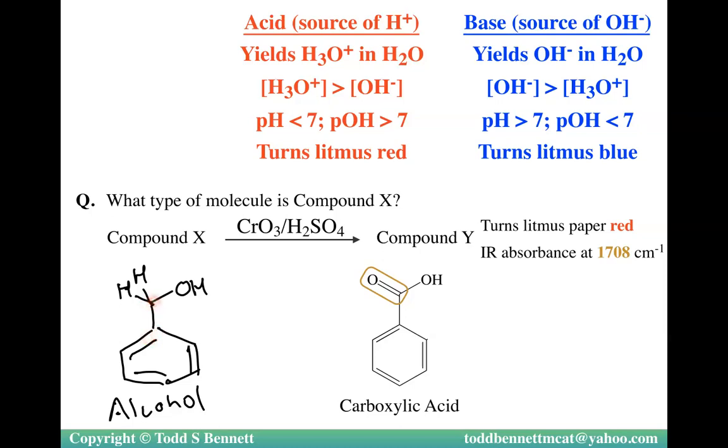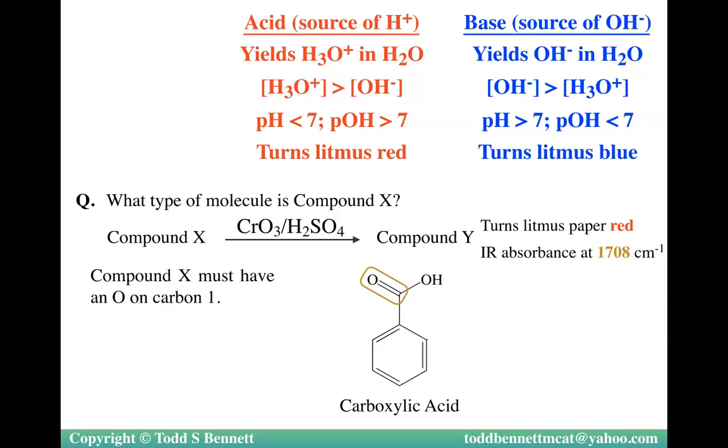A primary alcohol can be oxidized into a carboxylic acid, which, because it's an acid, would turn litmus red, and the carbonyl will have a peak around 1700. Okay, fair enough. Let me get rid of what I've drawn. What I know for sure is compound X must have a carbon with at least 1 bond to O on it, on carbon 1 right here, because you had to gain bonds to O. So you had to start with at least 1, and you gain the second and third.